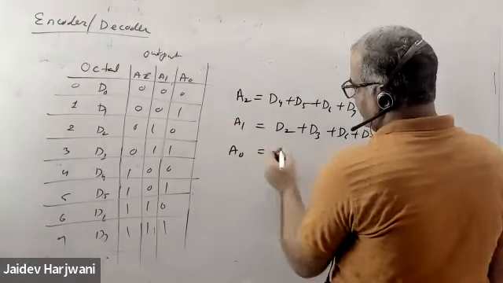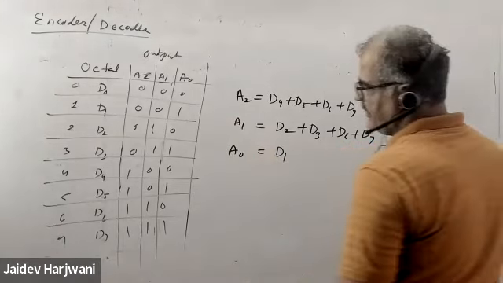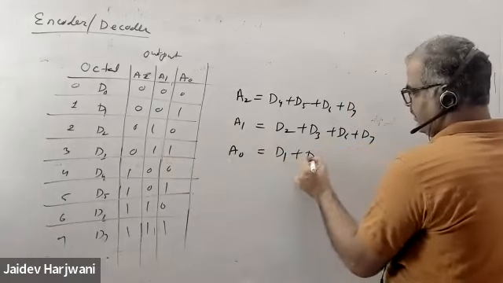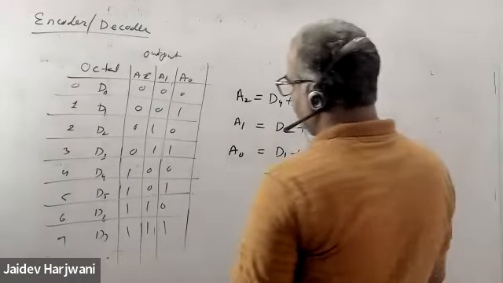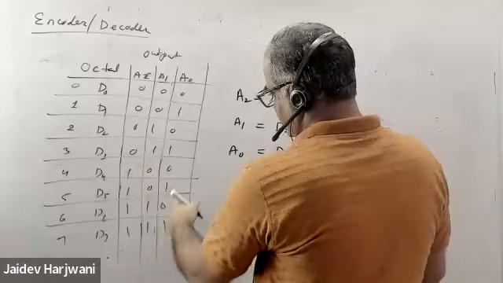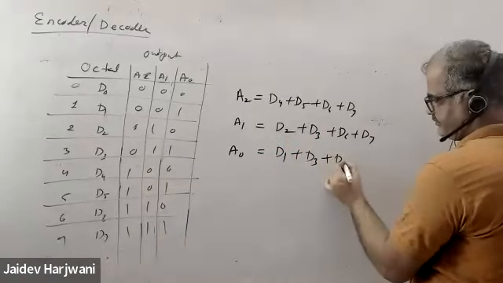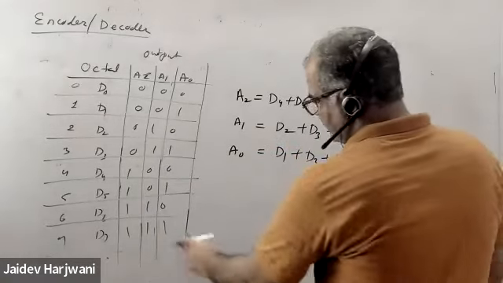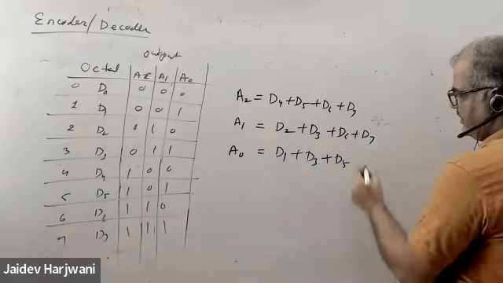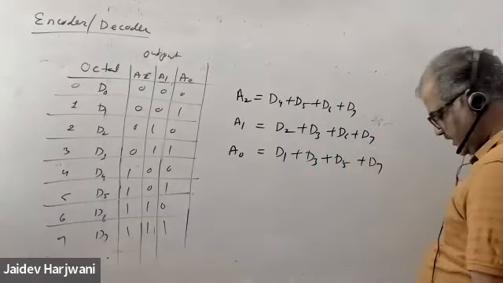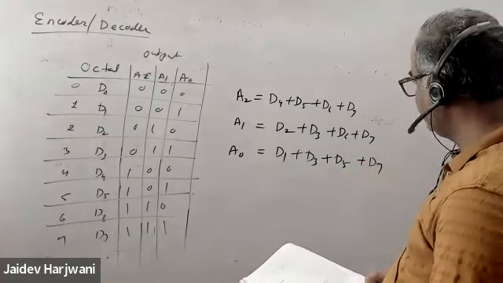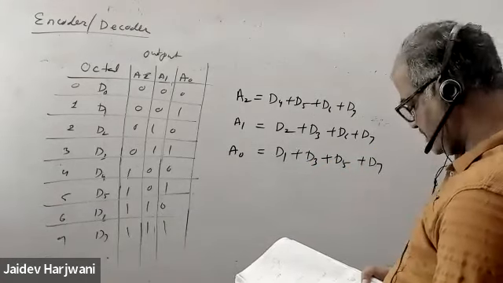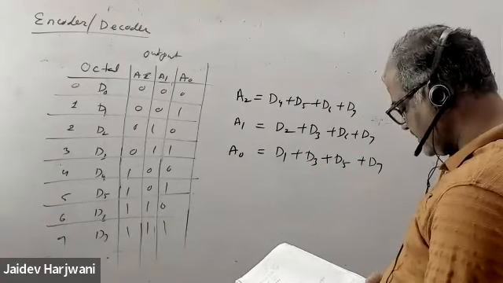So A0 will be my D1, D3, D5, D7. Wherever there is a 1, that is what you write. Okay, please check whether it's correct. A2 is D4, D5, D6, D7; A1 is D2, D3, D6, D7; and A0 is D1, D3, D5, D7. That is correct.